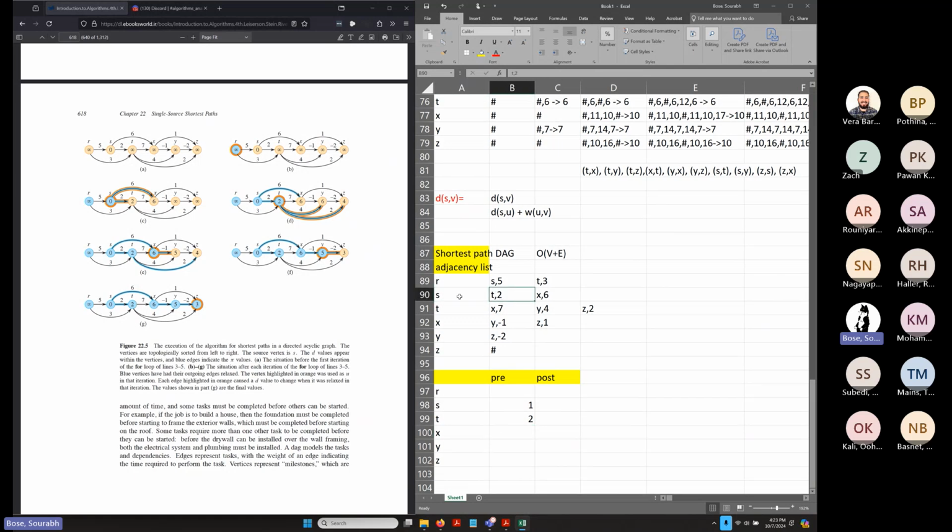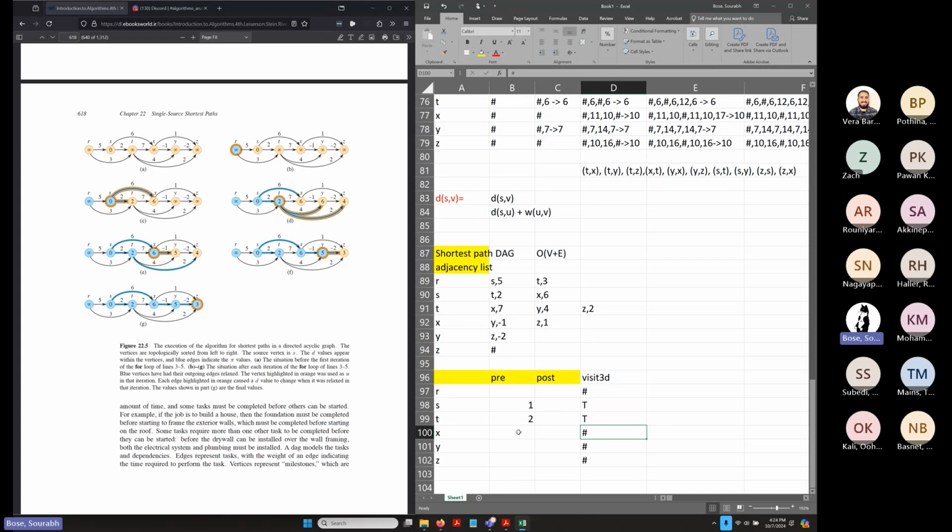From S, I pick the first one, I go to T. From T, I'll take the first one, unless visited. So S is visited, T is visited. Cool.